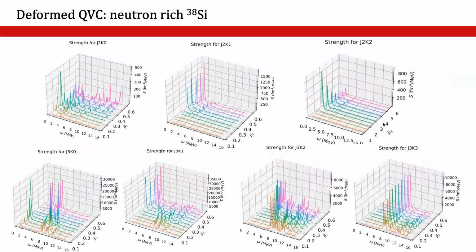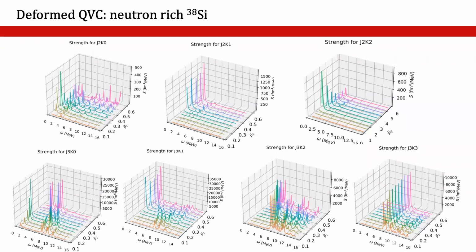Okay, this is the figure I need to explain, the last Nilsson diagram. In this figure, we show the transition strengths for different phonon modes, both quadrupole and octupole, for different K we used in our QVC calculations.